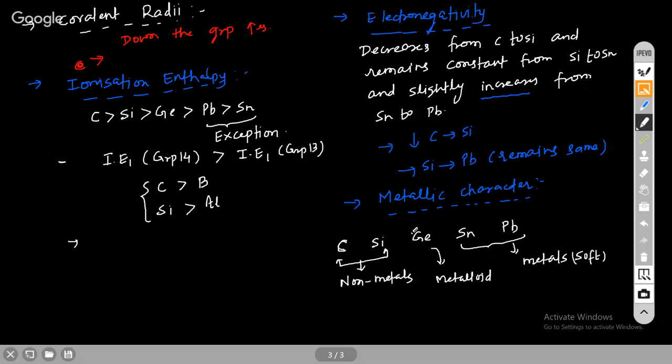The reason behind this is what? As we go down the group, we have less effective nuclear charge, and the number of available orbitals also increases with increase in size of the atom. So the thing is because of less effective nuclear charge.